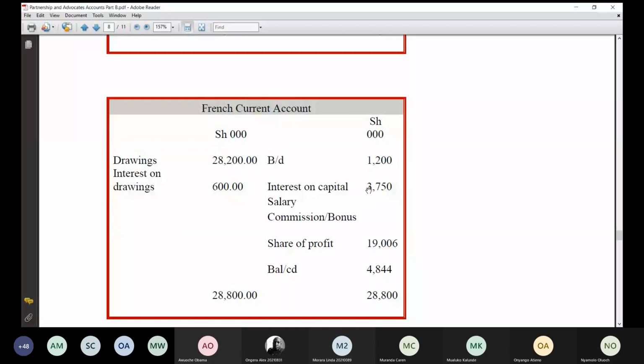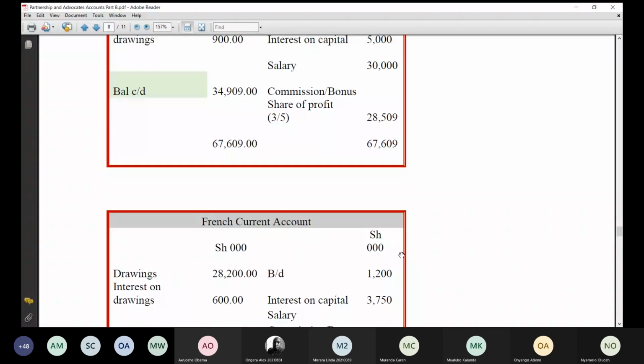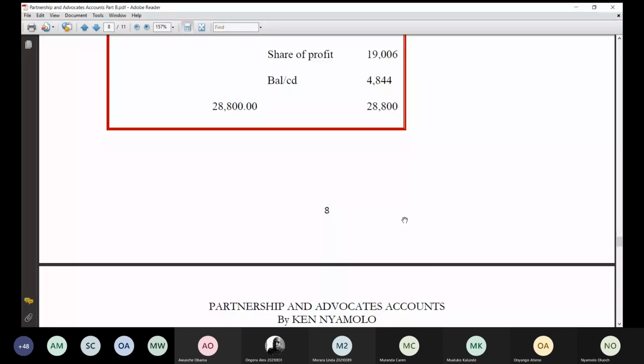So I was explaining that the workings of these two accounts are where the bulk of the marks will be. So posting the correct balance brought down, the interest on capital, the salary, the share of profit, the drawings, the interest on the drawings, and your balances will give you the marks that you need for this.